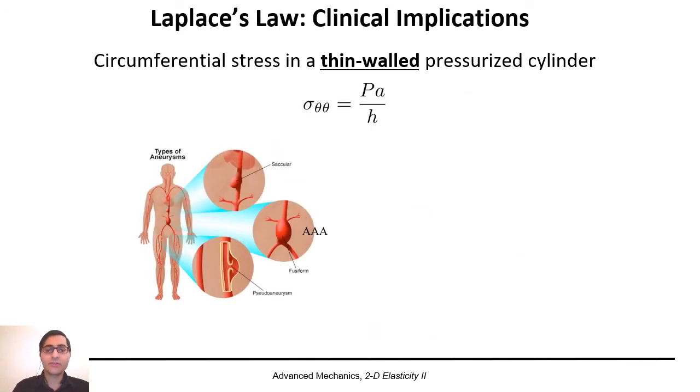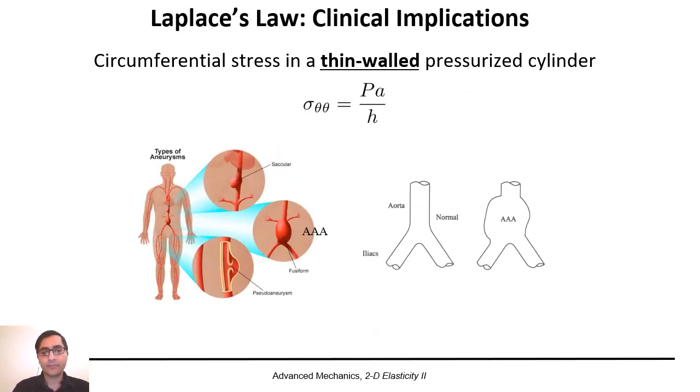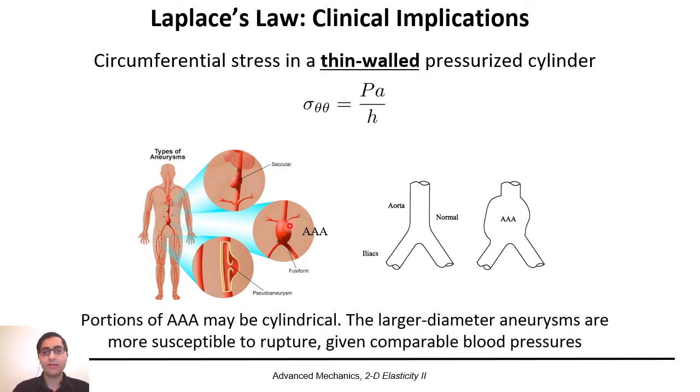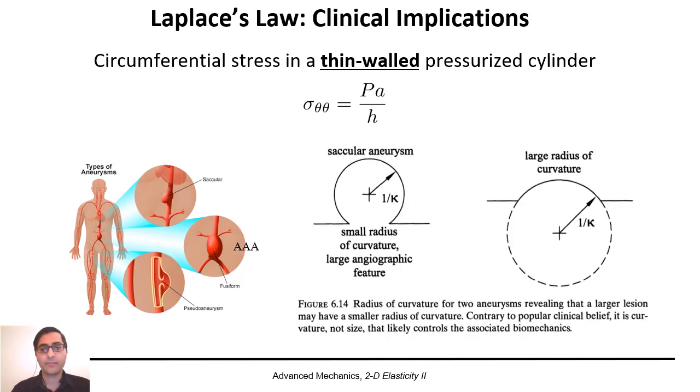The applications are, as we've seen before, vascular aneurysm. The aneurysm may take a cylindrical shape, so what we've learned so far can be used to find the circumferential stress on the blood vessel, and that's the cause of rupture in the blood vessel.